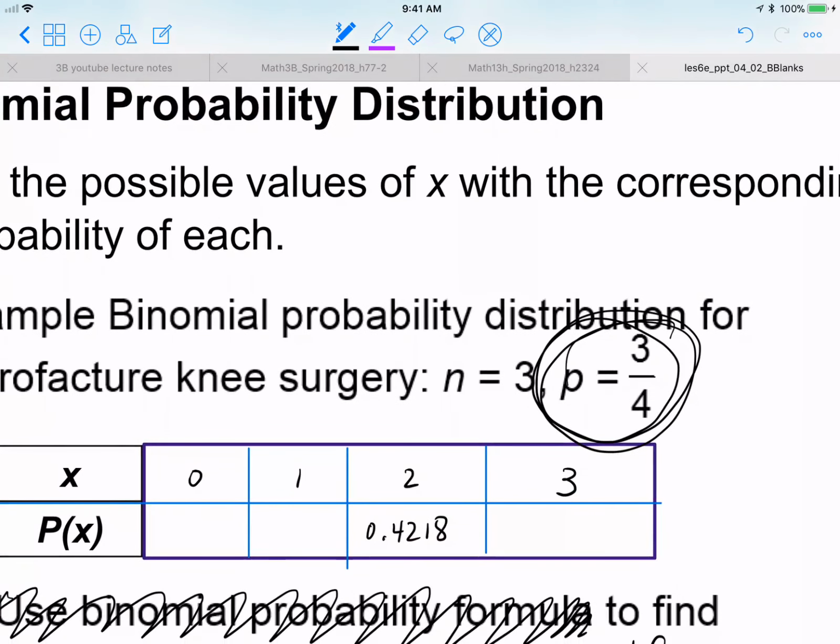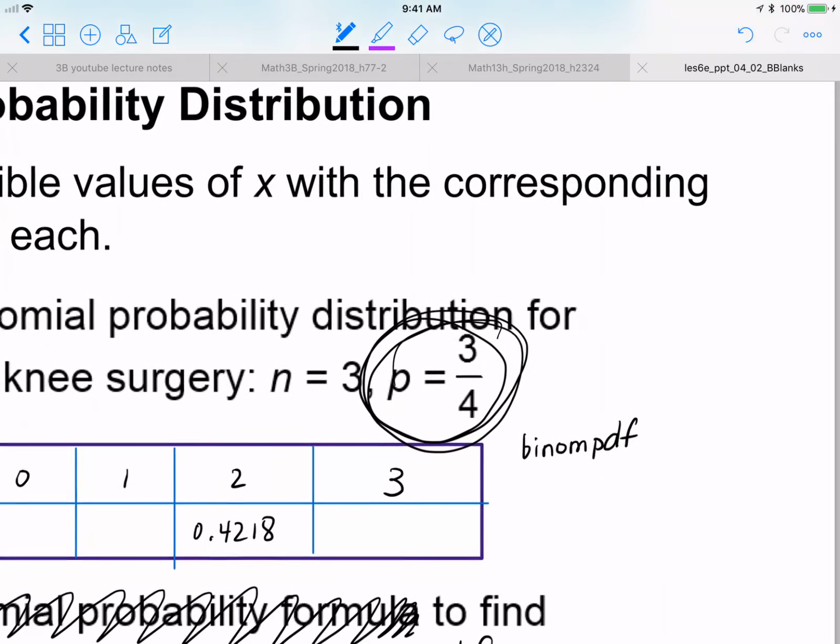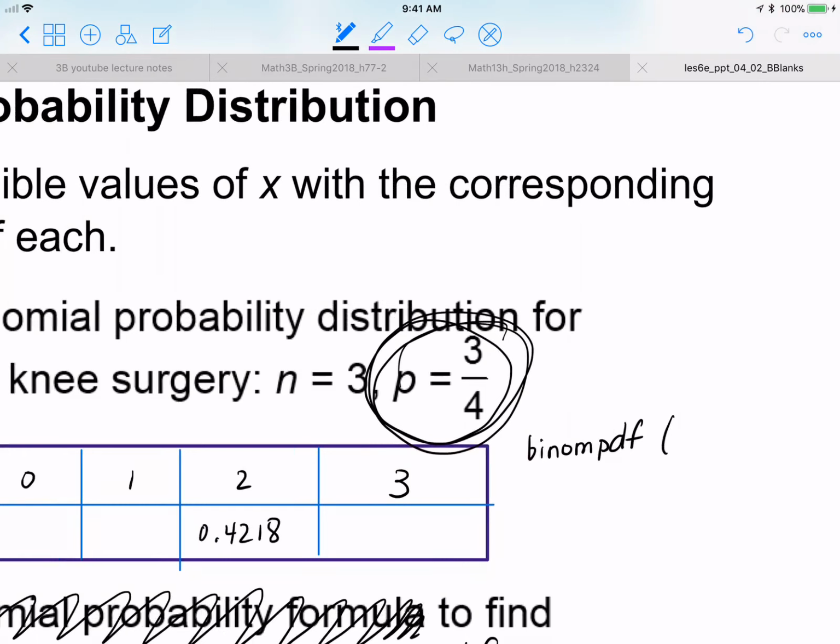So for x equals 0, what are we going to put in here? You want Binomial PDF. N stays the same, so it'll be 3. Your probability of success stays the same, 0.75.